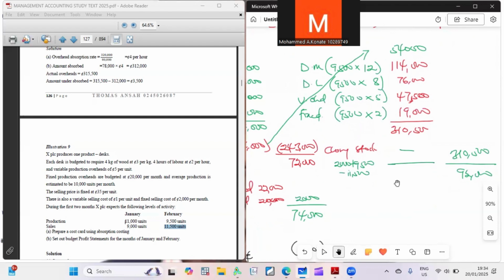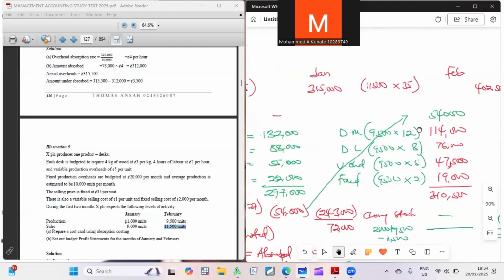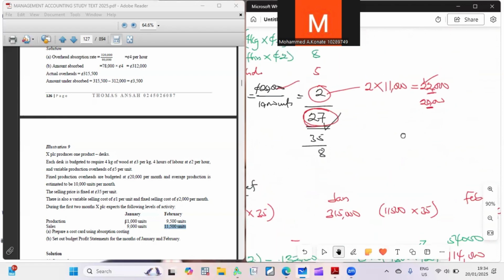So here, what happened? We know the absorption rate was 2. But here, what is the actual? When we did it, we had 2 and we multiplied by the budgeted overhead level of production.